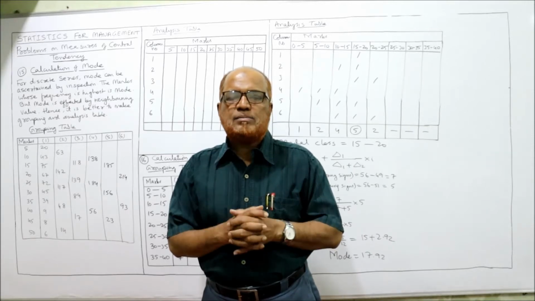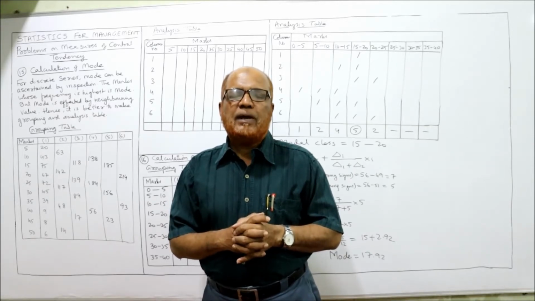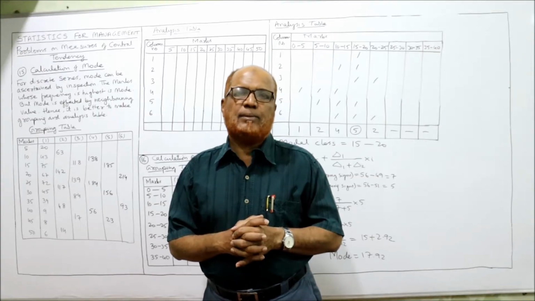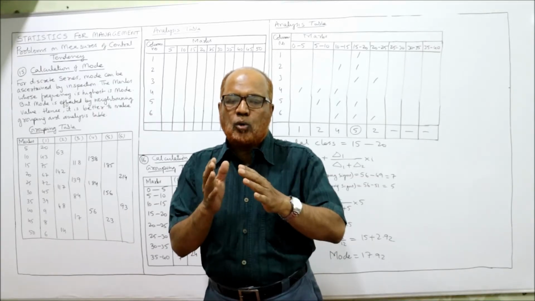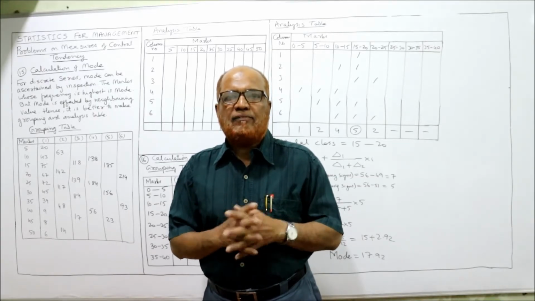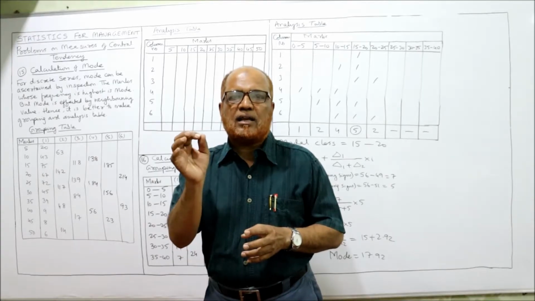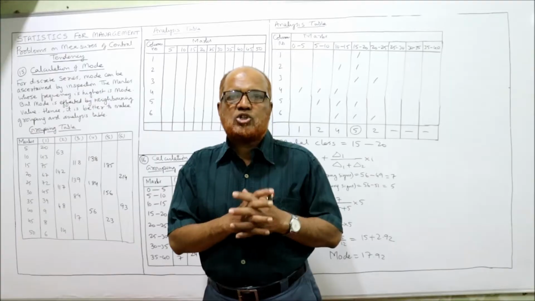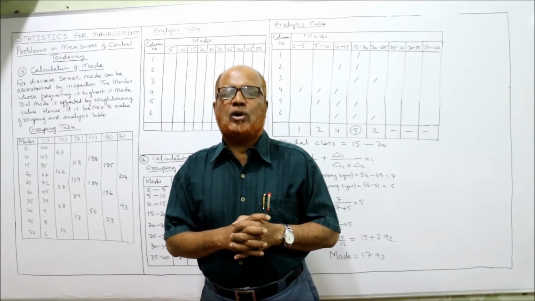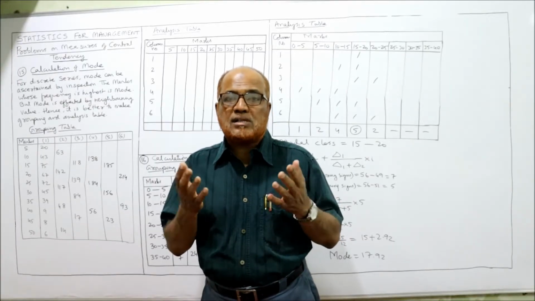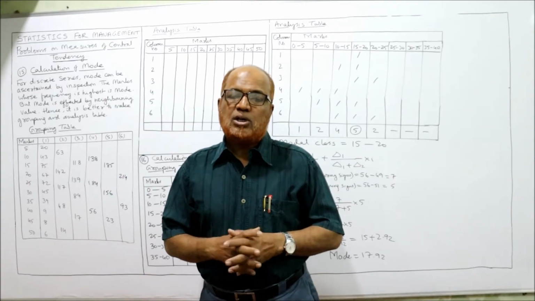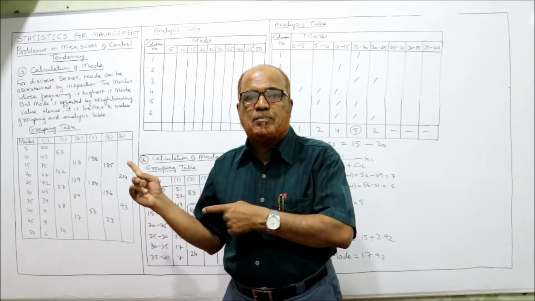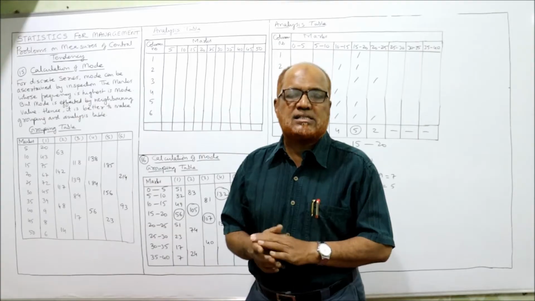That's why it is always better to prepare a grouping table and an analysis table. If you make grouping and analysis tables, then definitely you will get the correct value of mode. Whereas only by inspection, it may be correct or sometimes it may not be correct. So to confirm that, it is better to make grouping and analysis tables.